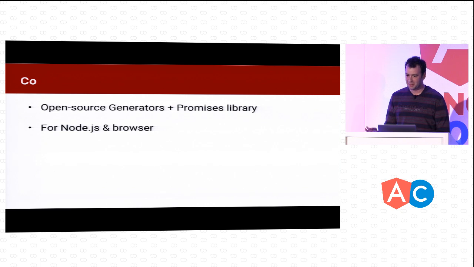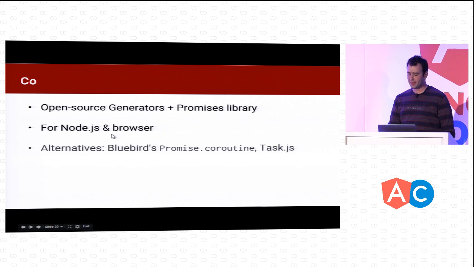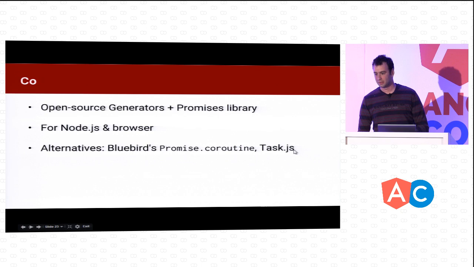You can just use this in plain browser and plain Node. And finally, if you don't like the name Co for some reason, or you want to explore some alternatives, you can use Bluebird's Promise.coroutine or another library called task.js that does exactly the same thing.